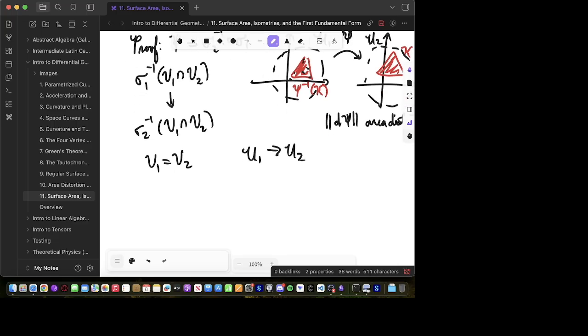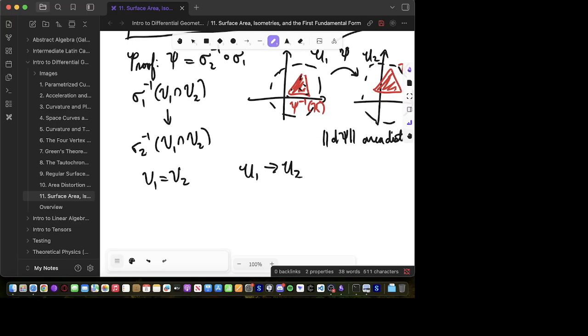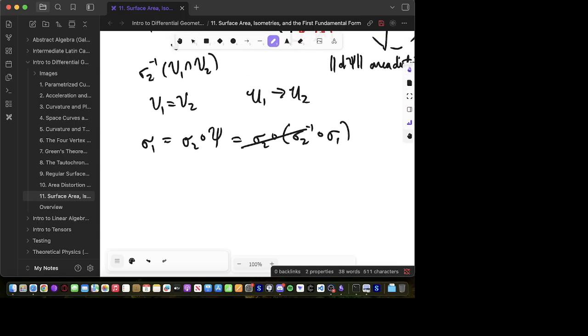So we can see here that sigma 1 equals sigma 2 composed with psi, by the fact that you can see here. And the chain rule gives us the following.